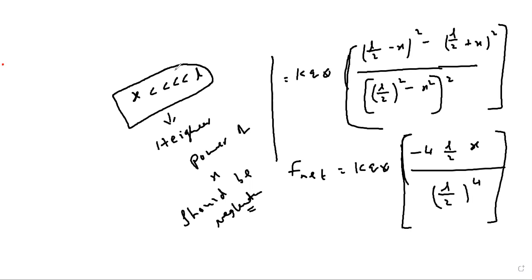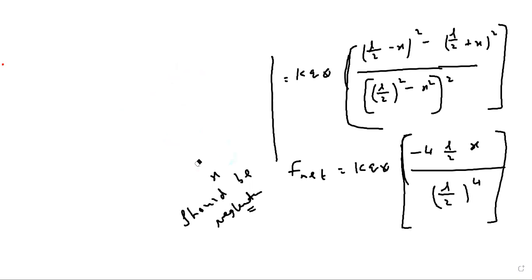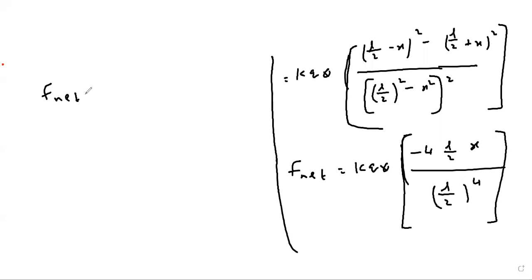Now simplify this. Why have we neglected that x power 4? I have given the reason, right? Okay. Now come to the next part. So this F net can be written as, now this F net is equal to KQQ into, that is 4 by 2 is 2, minus 2Lx by L power 4 by 2 power 4, that is 16.